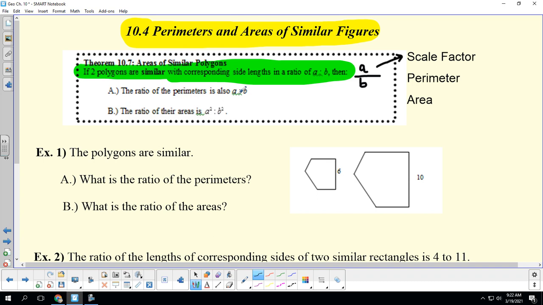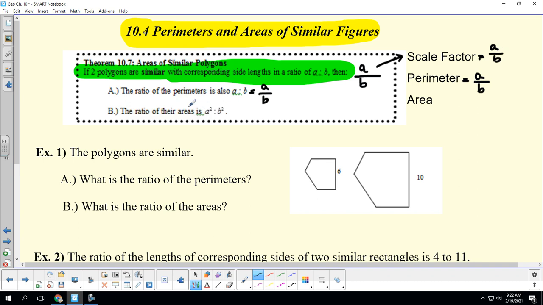The ratio of the perimeters is also A to B. So scale factor, A to B, perimeter, also A to B. So if you add up all the sides and then divide it by the perimeter of the second shape, it's going to be the same as the scale factor.